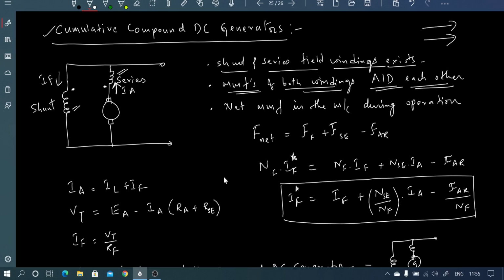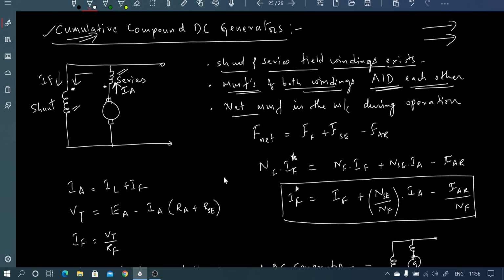The current is entering into the series field, as well as the current IF is also entering this dot position in the shunt field winding. So when both currents enter the dot, their fields will be aiding each other, not opposing. So in a cumulative compound generator, the shunt and series field MMFs aid each other. We will talk about the differential compound DC generator next, but here in cumulative they aid each other.